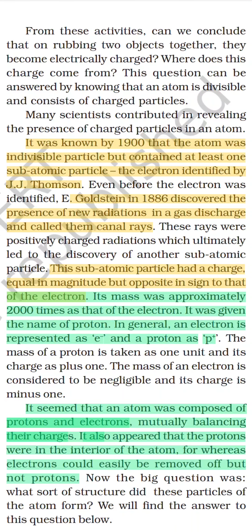From these activities, can we conclude that on rubbing two objects together, they become electrically charged? Where does this charge come from? This question can be answered by knowing that an atom is divisible and consists of charged particles.